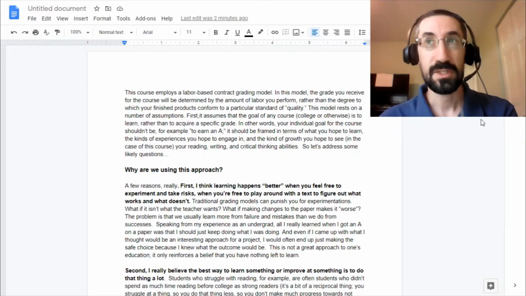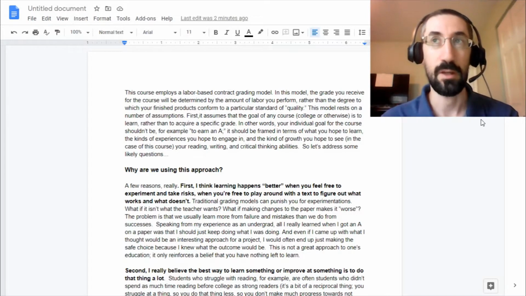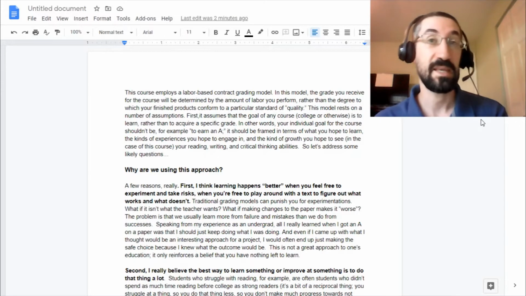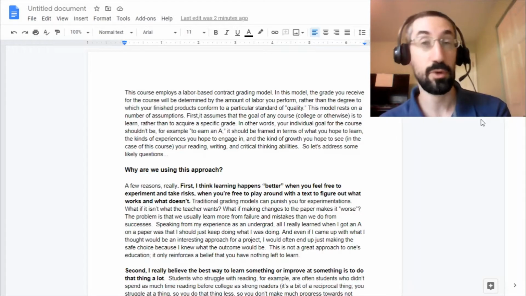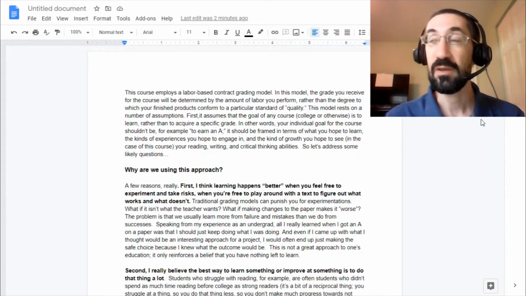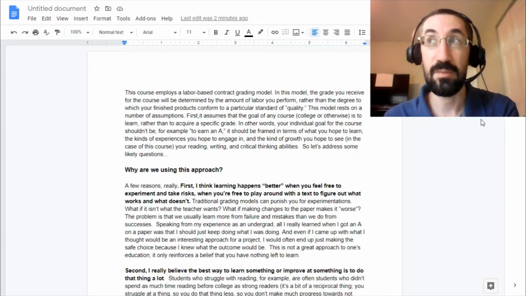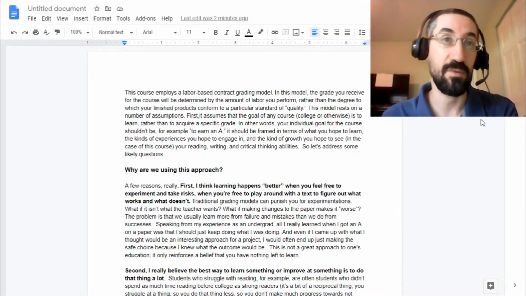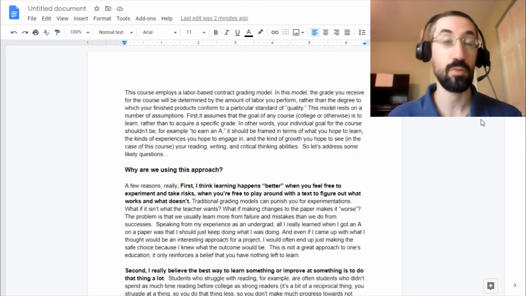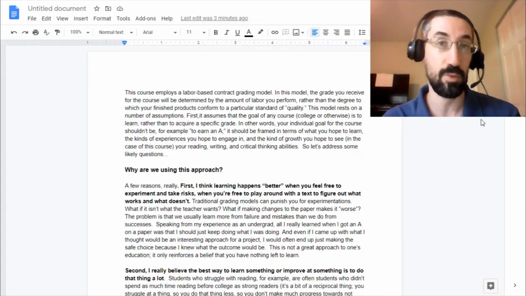So let's start with this. In most courses that you've probably taken to this point, you have received a grade based on, for example, if you were taking an exam, the degree to which the answers on that exam were correct. Or if you were writing a paper for a course, your grade would likely be tied to the degree to which the writing you produced matched up with requirements that might be set forward in a grading policy or a rubric that you could use to guide the decisions that you were making as you put that work together.